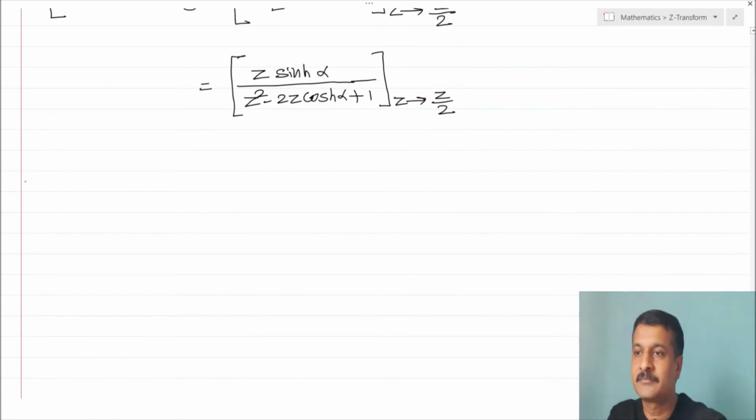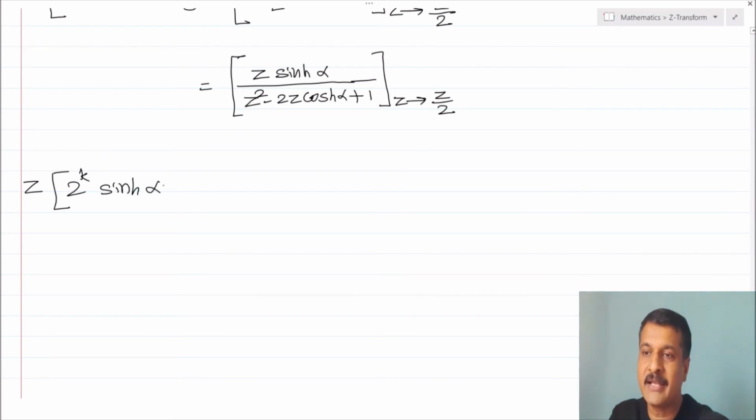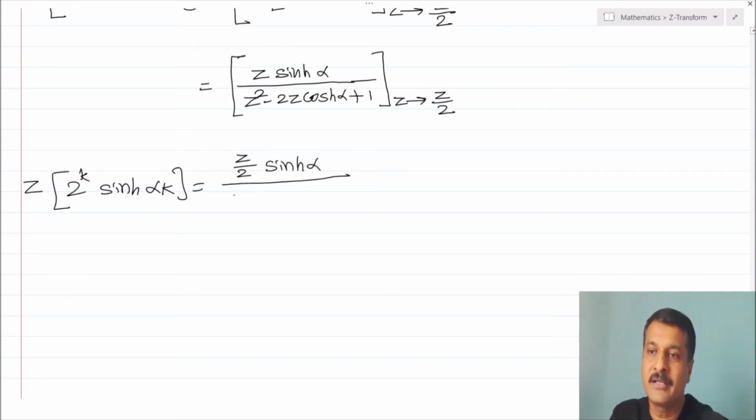So I am getting the Z transform of 2 raised to k into hyperbolic sine alpha k equal to z by 2 into hyperbolic sine alpha upon z by 2 whole square, because it is z square and we are replacing z by z by 2.